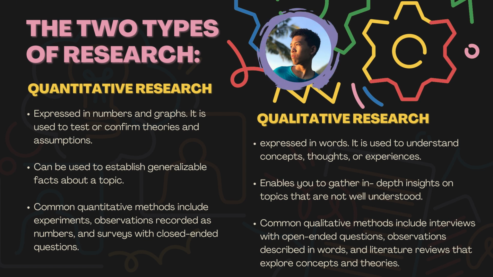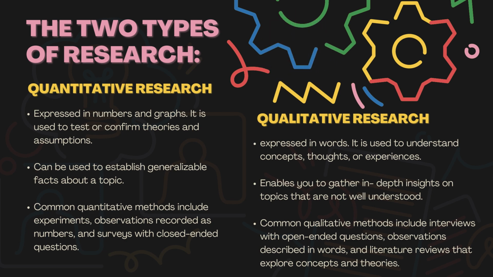Again, from the word itself, qualitative, it's about defining qualities which are hard to express in numbers, so it will be expressed in words. And that's basically the two types of research.